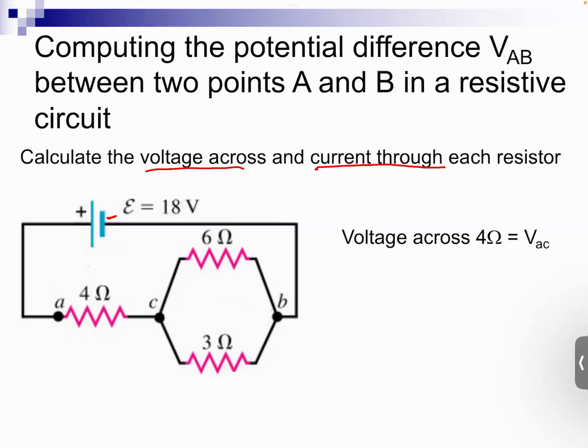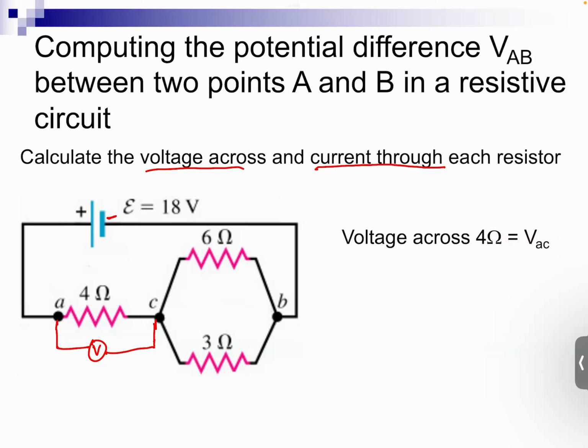If we say we want to calculate the voltage across the 4-ohm resistor, we're essentially wanting to find the voltage across points A and C. So the voltage across the 4-ohm resistor is also equal to the voltage across points A and C.